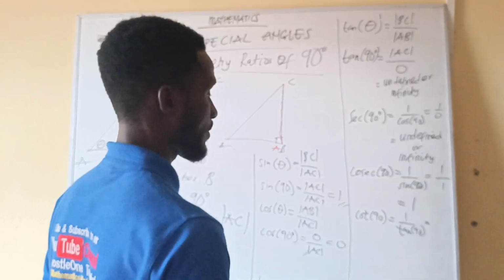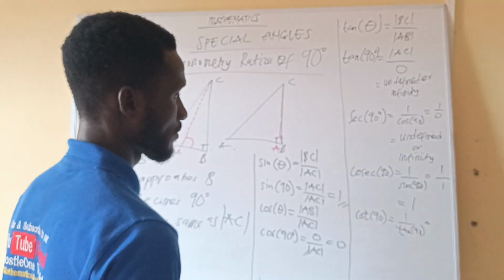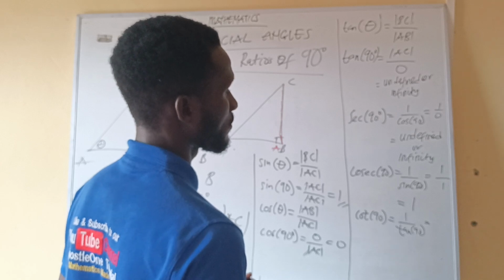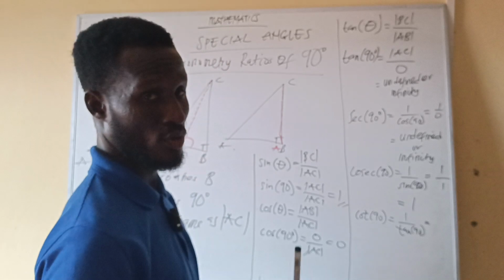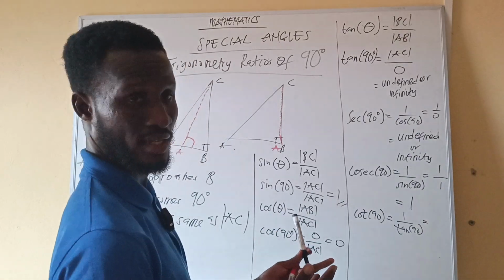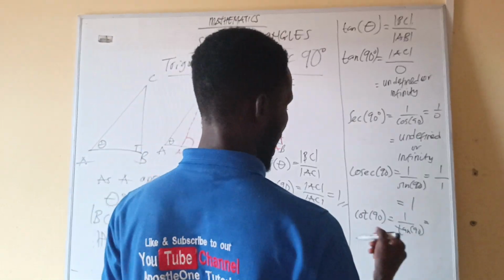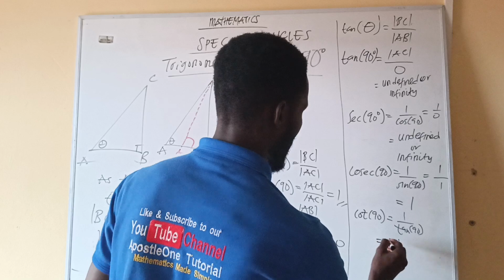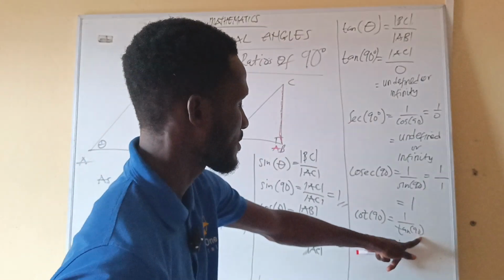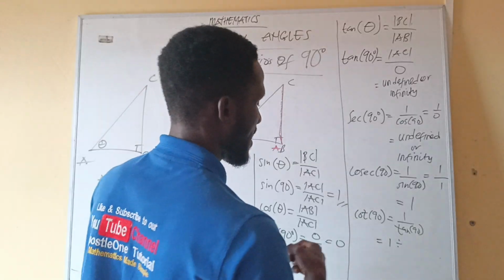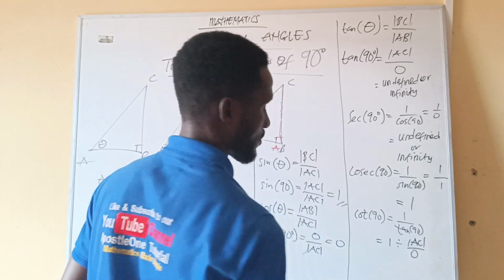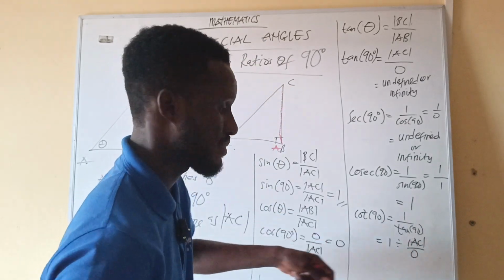Let's look at it very well, because I can't write undefined as a denominator here. So we're going to have 1 divided by tan 90, and tan 90 is AC over 0.